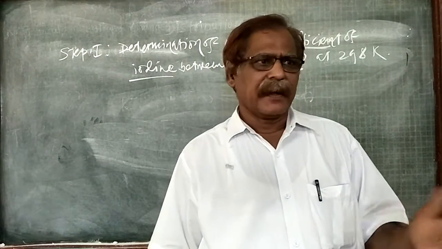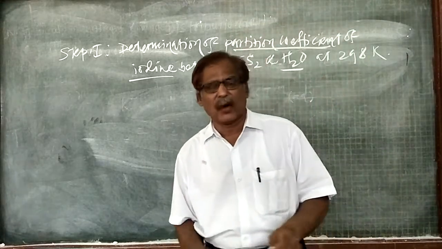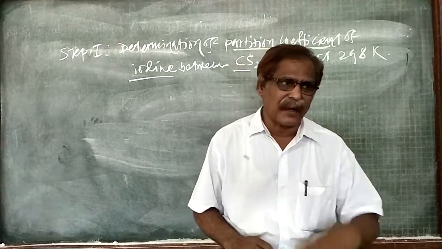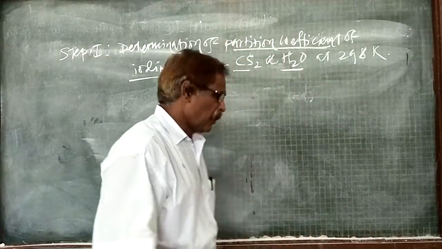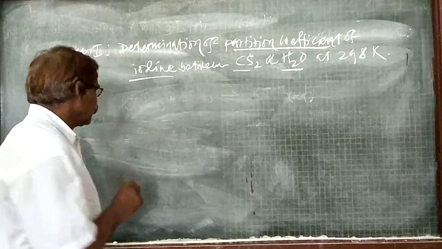And simply taking the ratio of the concentration of iodine in water to the concentration of iodine in carbon disulfide gives us what? The partition coefficient of iodine between carbon disulfide and water.